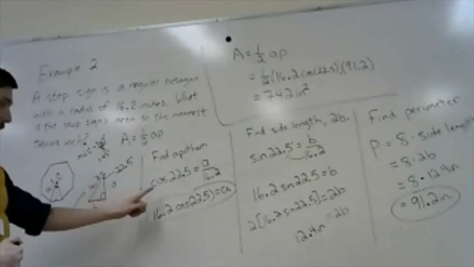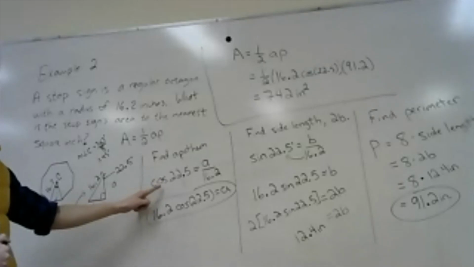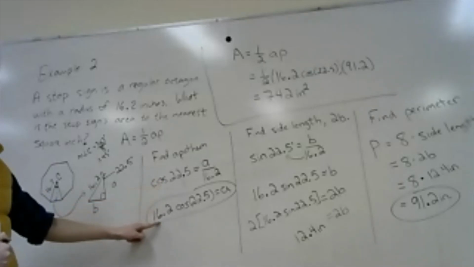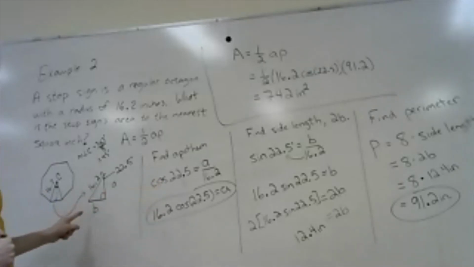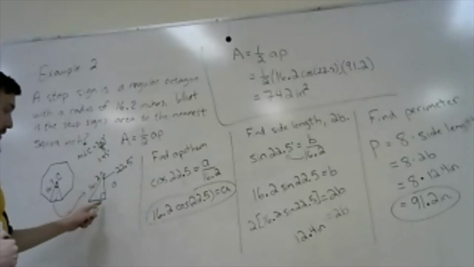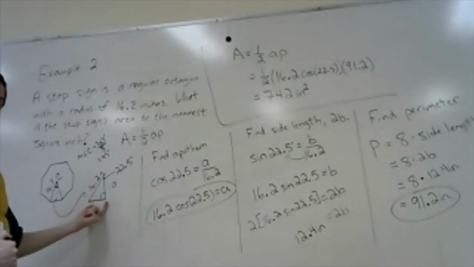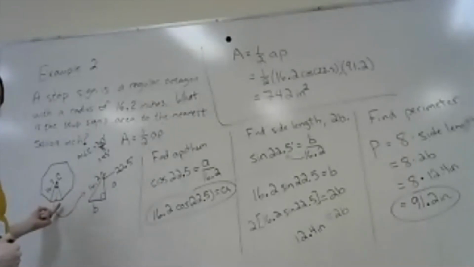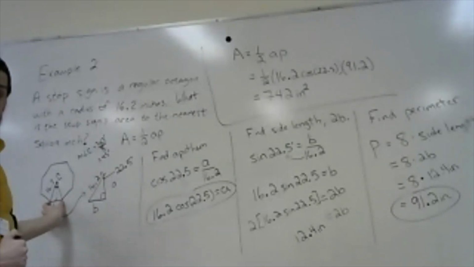We used this right triangle and our cosine function to find the apothem. Then we used sine to find the length of B, which was one half of one of the sides of our octagon.